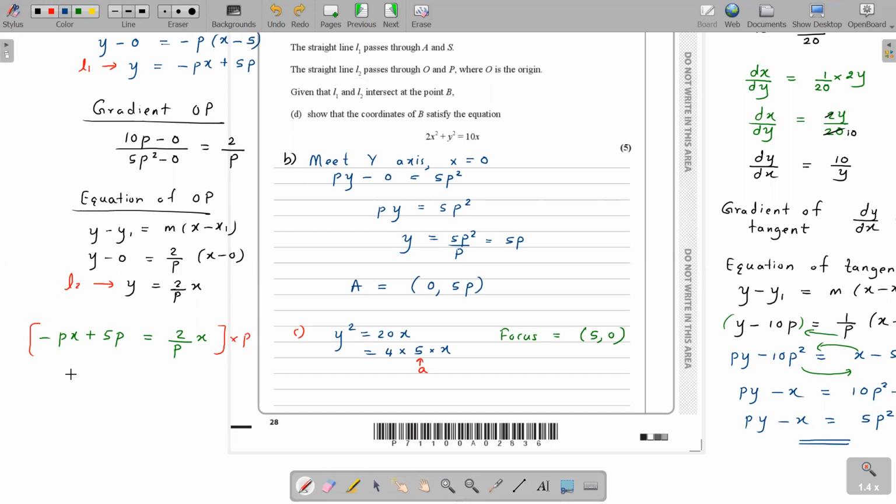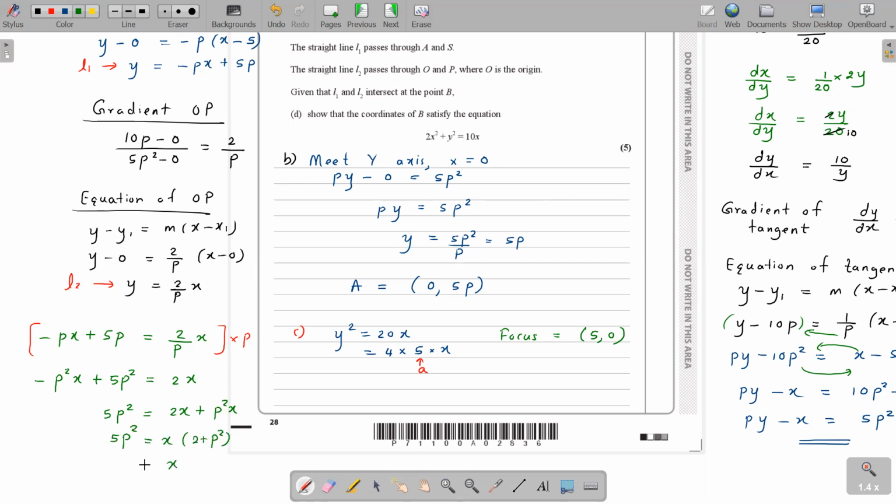So I end up getting here p into minus px is minus p²x. 5p into p is 5p². 2 over p into x is 2x because the p will cancel out. So 5p² equals, taking all the x terms to one side, 2x plus p²x. Take the x out, 2 plus p².